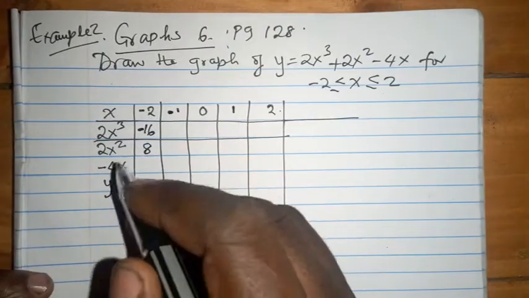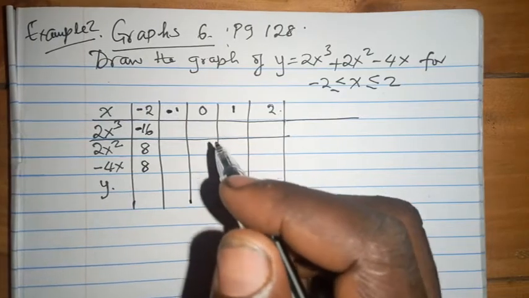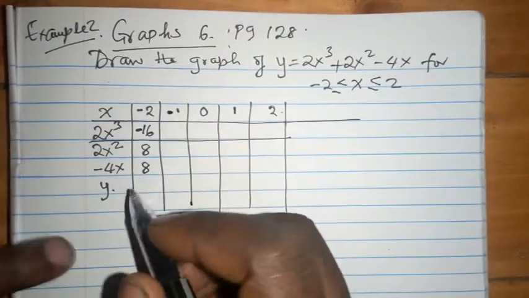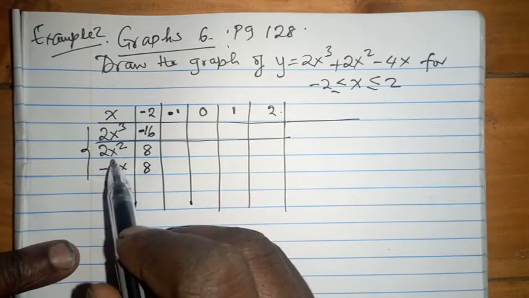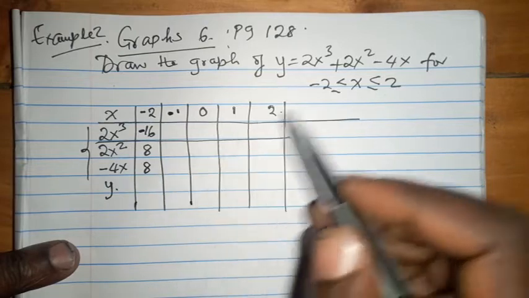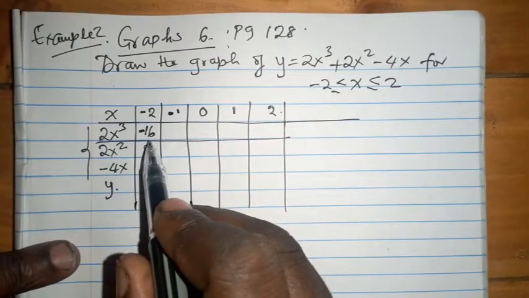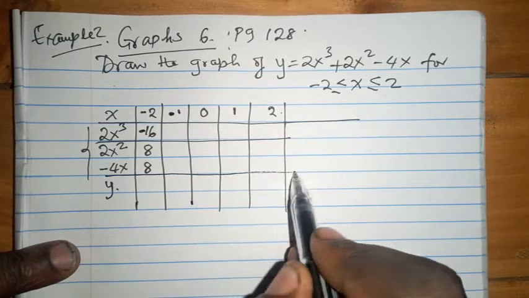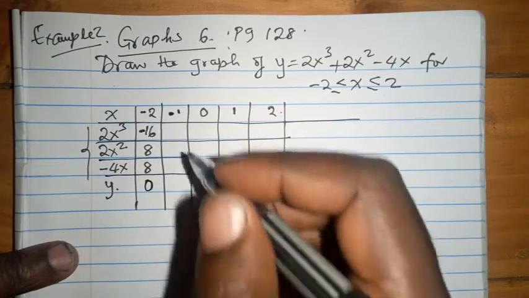Minus 2 times minus 4 is an 8. And definitely we should have y equals 2x cubed plus 2x squared minus 4x, as illustrated here. Minus 16 plus 8 plus 8, and eventually the value of y is 0.